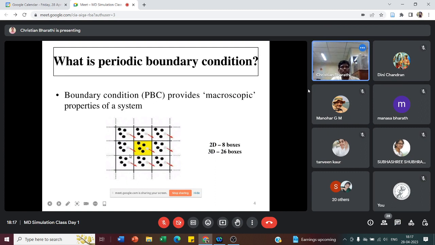Here the center box is surrounded with 8 boxes, but in 3 dimensions there are 26 boxes around the yellow box.